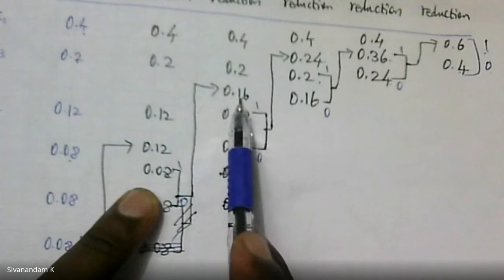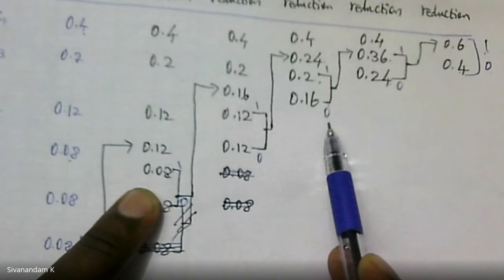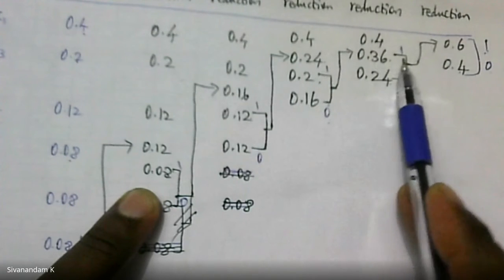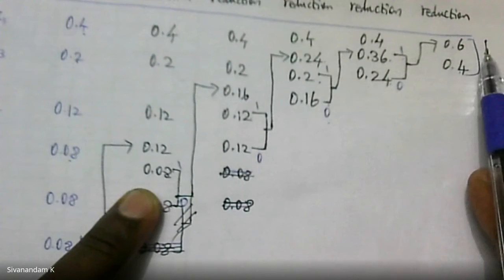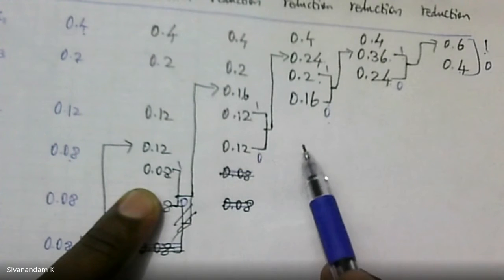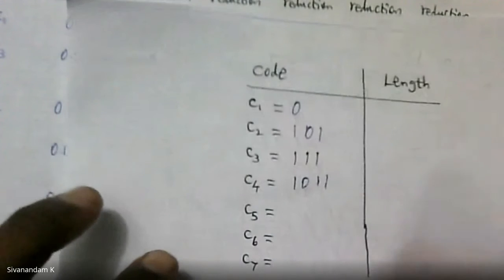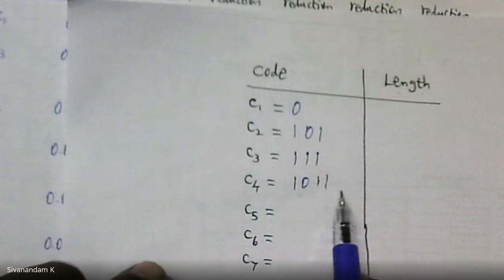Then again here binary value is not assigned. In the third reduction it is assigned as 0, then 1, again 1. So the coding is 1, 0, 1, 1. Fourth message coding value is 1, 0, 1, 1.